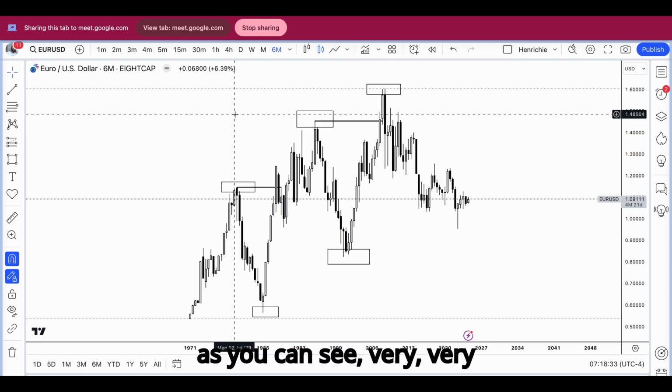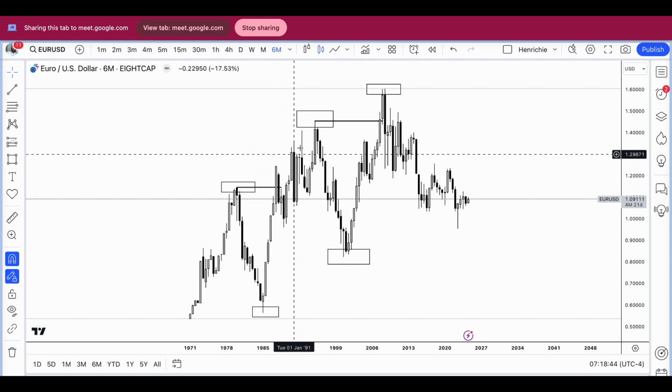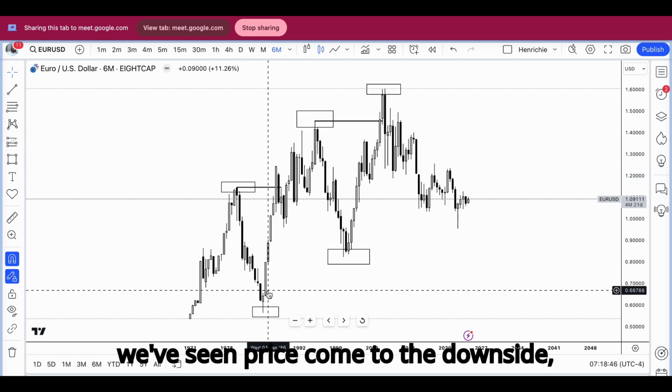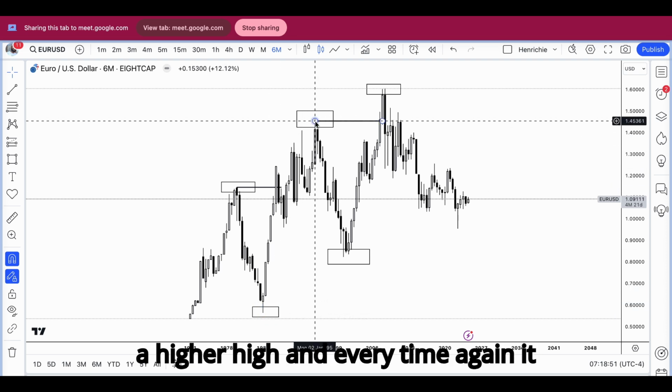And as you can see very clearly, we are massively bullish. Every single time we've seen price come to the downside, it's eventually rallied higher to create a higher high.